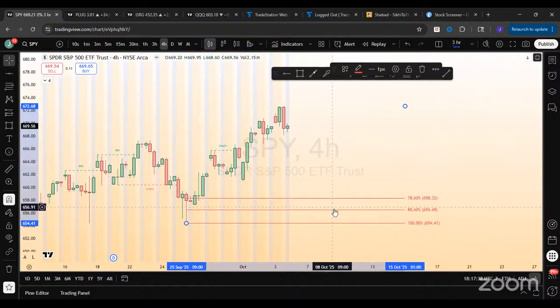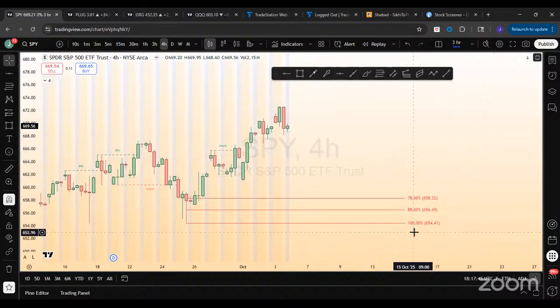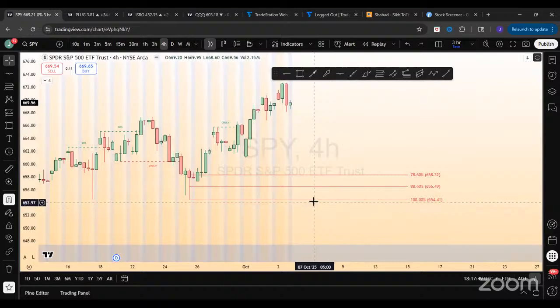So these will be the levels that I will be targeting if it does drop. 100% marks the swing low. If it goes below that, then you will get your swing bearish change of character, which means the trend is most likely going to shift. So that's where you will have your 100%, at the swing low. So buy low, sell high.